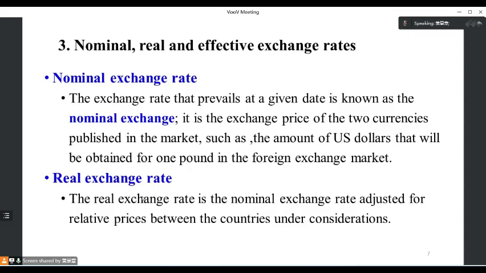Let's see this. Nominal exchange rate means the exchange price of two currencies published in the market.